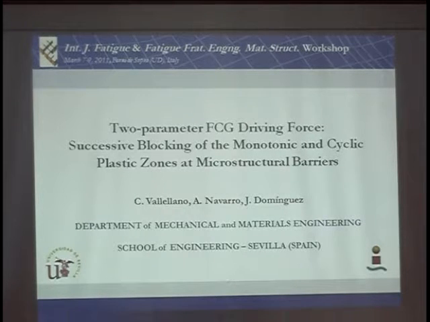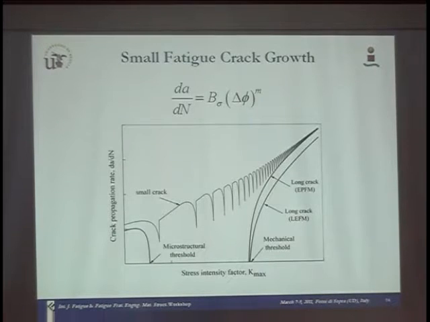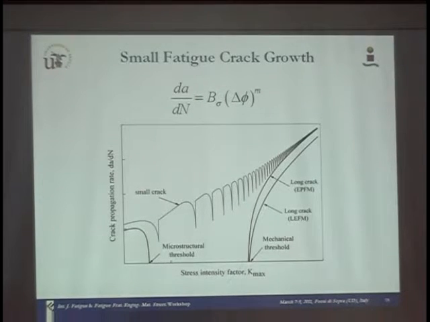And to predict the evolution of the small cracks, we also need to adjust two parameters, the exponent and this constant, but we don't adjust them in the small crack regime. We adjust them in the long crack regime.